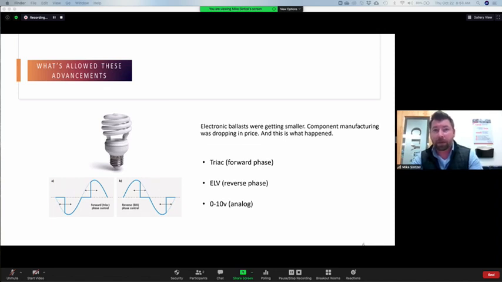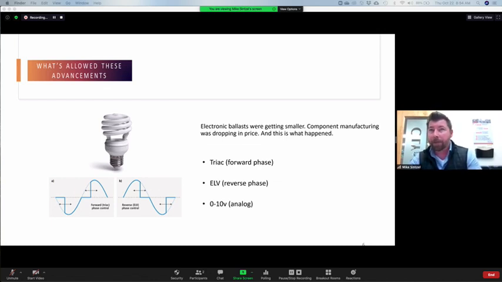It's just the U.S. that uses 0 to 10. Now, that's not to say anything bad about 0 to 10 or anything bad about the other technologies. It's just the way that the commercial market here, the manufacturers have found to keep the price low on their drivers is to utilize 0 to 10.